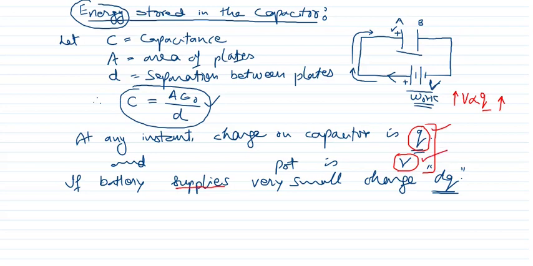Now to keep this V constant, we have taken the charge supplied by the battery to be very small, so that the potential remains constant. That is our major concern. It should not change, it should remain constant. So if the battery supplies a very small charge dq, then the potential will remain constant.